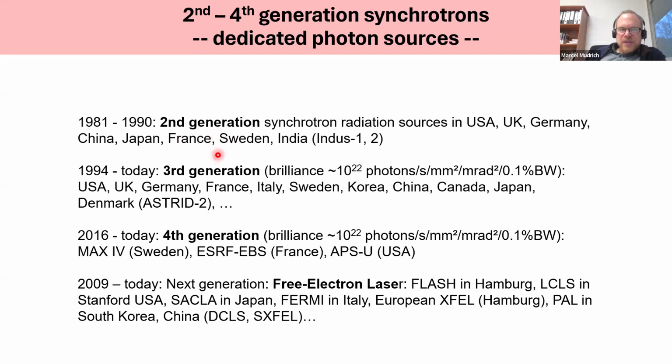These synchrotrons have been further developed into third generation, which essentially means much higher brilliance. Brilliance is a quantity that characterizes both the photon flux, how many photons per square meter per second, but also the beam divergence in millirad square, and it even contains information about the spectral bandwidth.